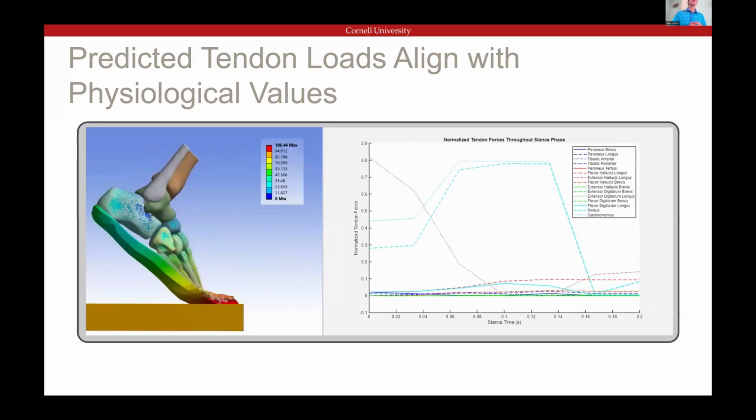Now, looking at a normalized tendon force plot, normalized tendon force is the force that we predicted based on the amount of force that the tendon can actually produce. By far the highest one, up here at 80-something percent, is the toe tendon, so it's performing most of its work at the beginning of stance phase.